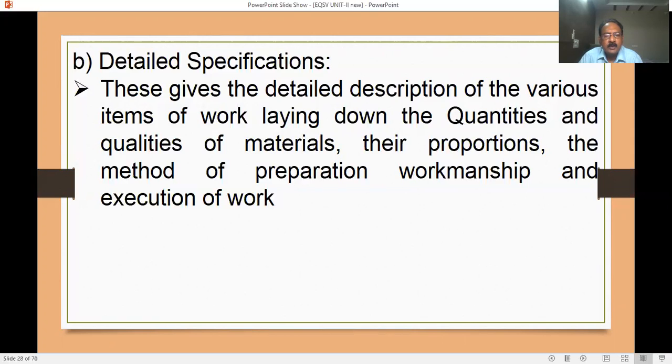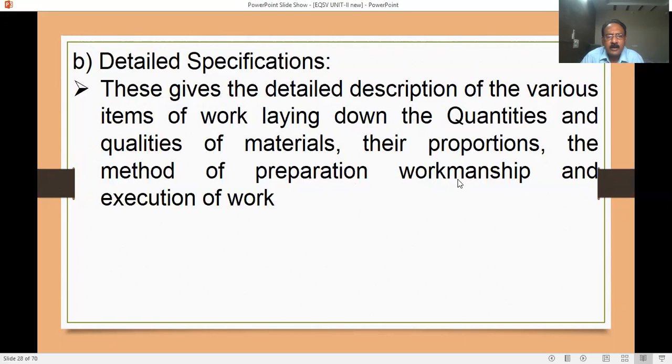Workmanship also. What labor is required? Suppose there are different architecture and different finishes. So all masons or ordinary labor can't do some types of work. So what workmanship is required for the execution of the work? In painting also there are different types of painters: wall painters, different design painters, ordinary painters, like that. Workmanship is also very important for labor.